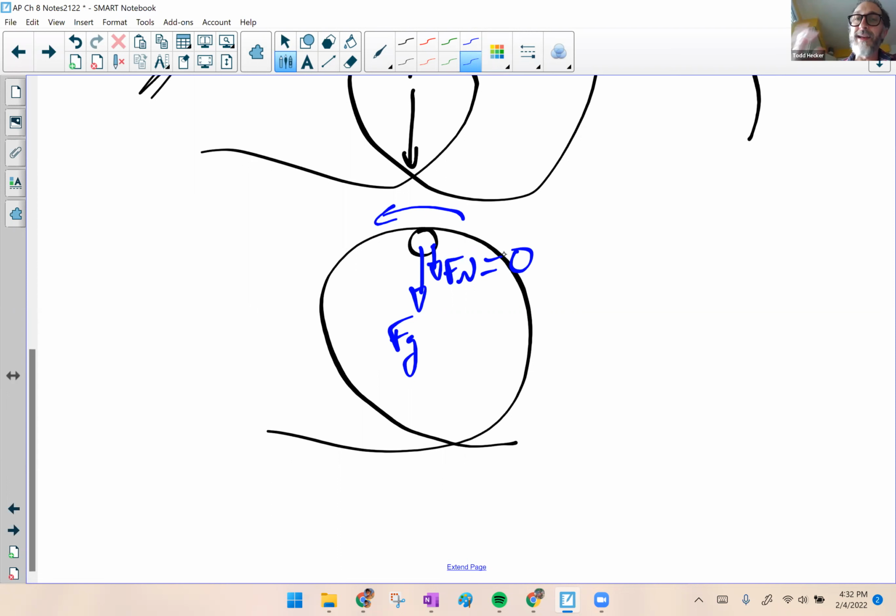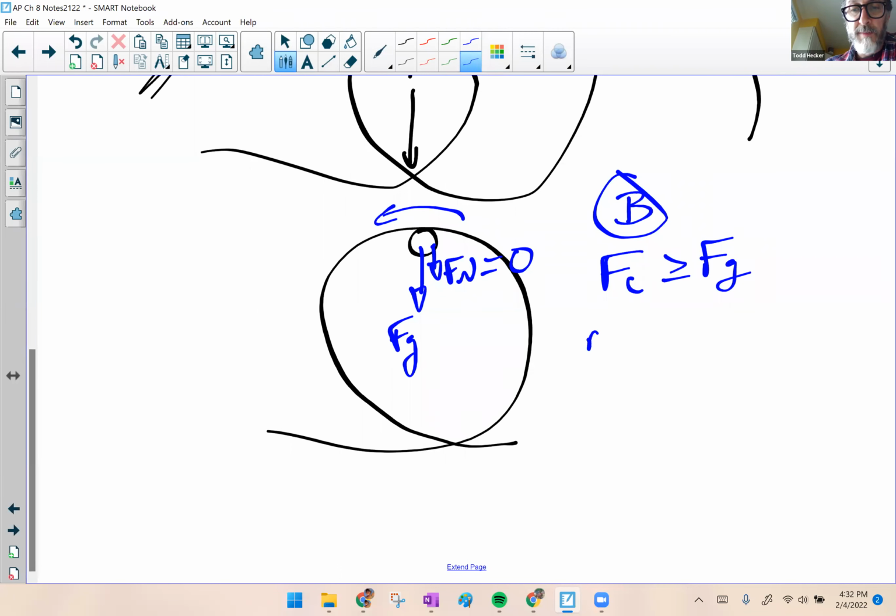If the normal force is anything less than 0, I guess in that case it would mean not pushing down, right? Then that's when we're going to run into trouble. Okay, so what that means is at point B, what we have to have true is our centripetal force has to be at least as big as the force of gravity.